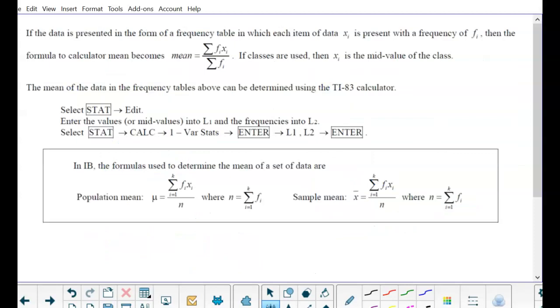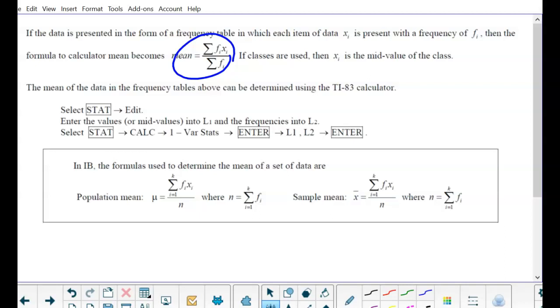So turn over to the back of the page. It says if the data is presented in the form of a frequency table in which each item of data xi is present with a frequency of fi, then the formula becomes this. Okay, and you'll see this when you get to data booklets in IB. Not that you're ever really going to use that.